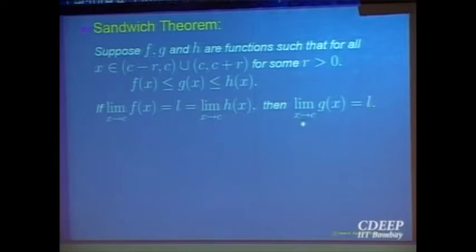Take a sequence Cn which converges to C, and you want to analyze what happens to g of Cn. G of Cn is between f of Cn and h of Cn, and both of them converge to L, because the limit of f is L and the limit of h is L. So f of Cn converges to L, h of Cn converges to L. So by the sandwich theorem for sequences, the limit of g of Cn is also equal to L, and hence the limit of g(x) is equal to L. Yes?